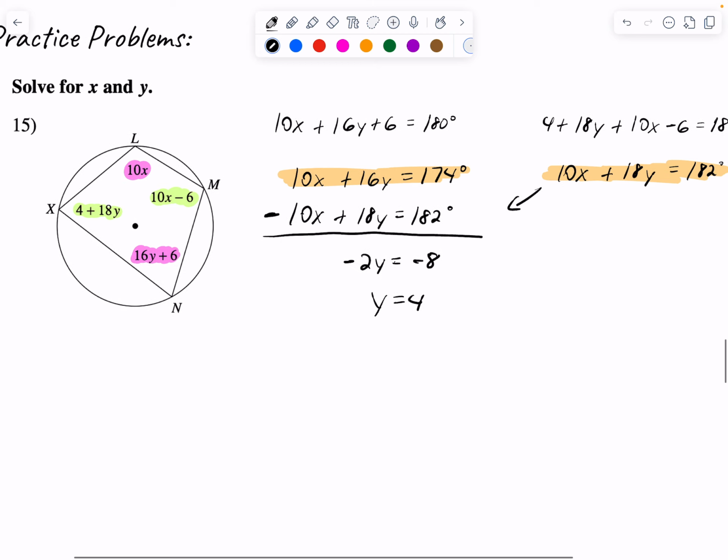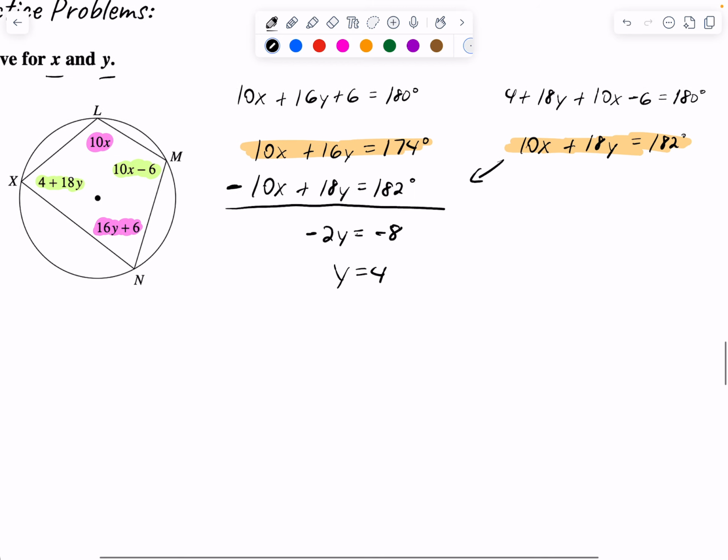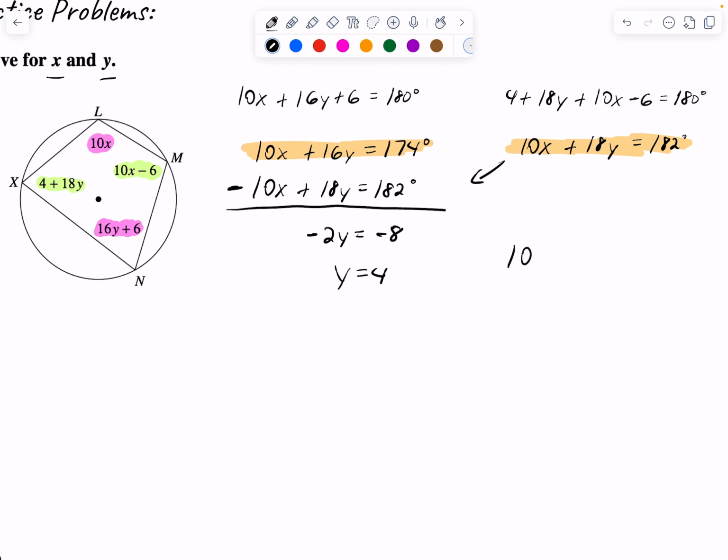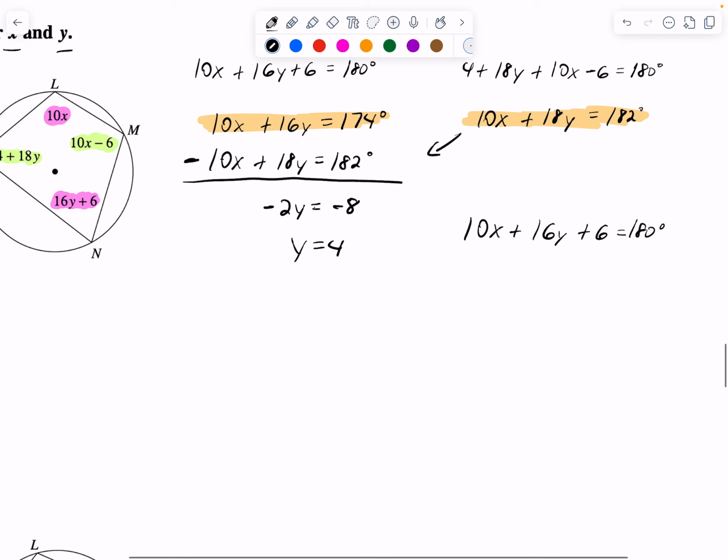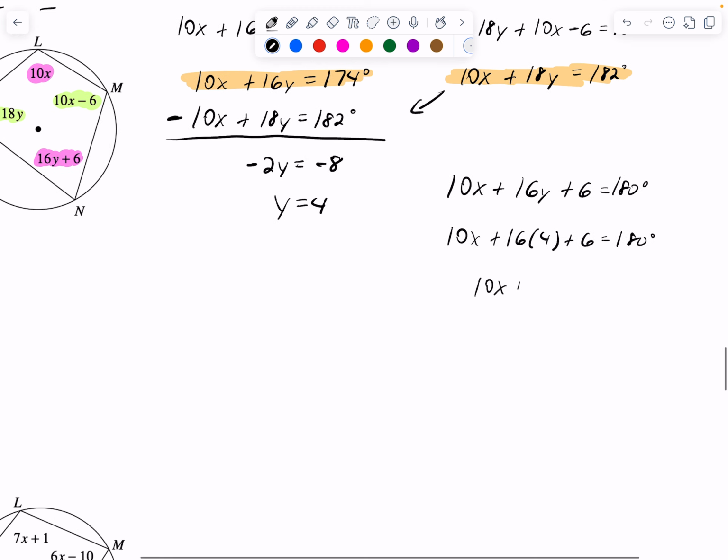Now, because it says to solve for x and y, I do need to plug back in. I'm going to use my original, 10x plus 16y plus 6 equals 180. You could also use one of the ones I highlighted in orange. It doesn't matter. So I'm going to plug in that 4, which gives me 10x plus 64 plus 6 equals 180. 64 plus 6 is 70.